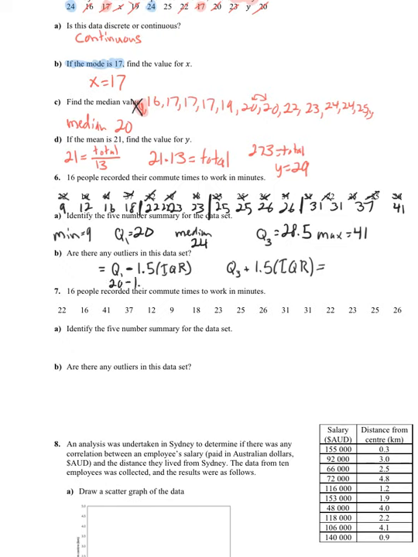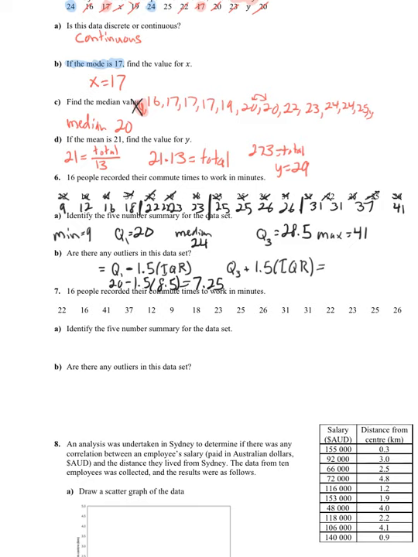Okay. So then to find our lower and upper limits and identify if there are outliers, you do 20 minus 1.5 times your interquartile range, which is 8.5 in this case. So 20 minus 1.5 times 8.5 comes out to 7.25. So turns out 9 is definitely in there, so 9 is not an outlier.